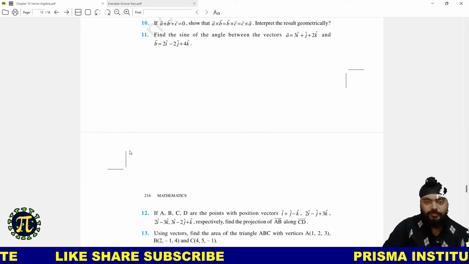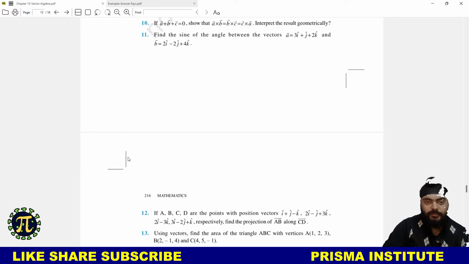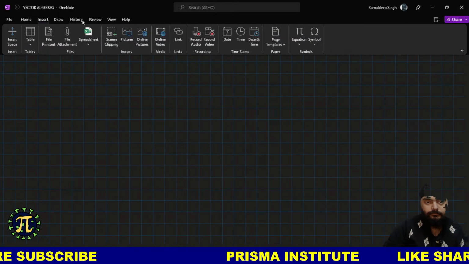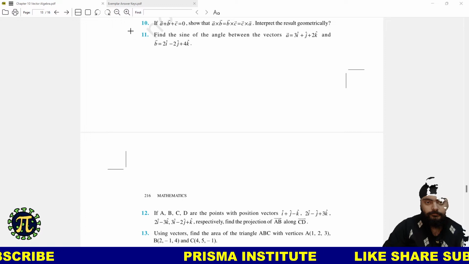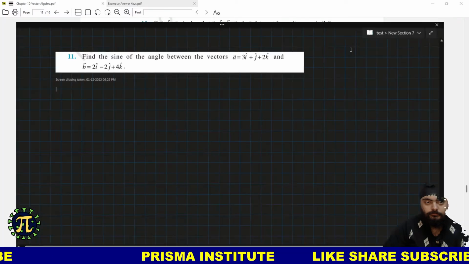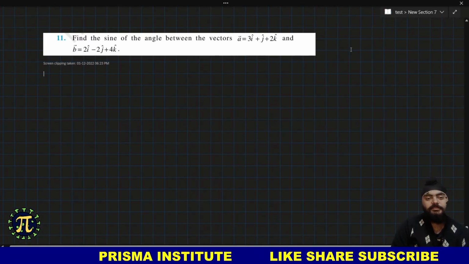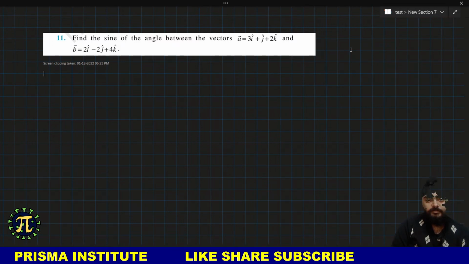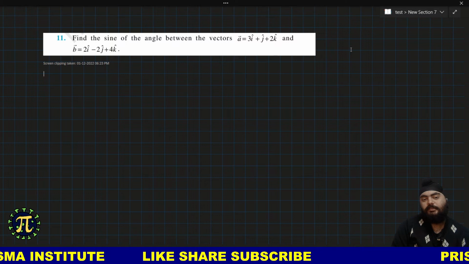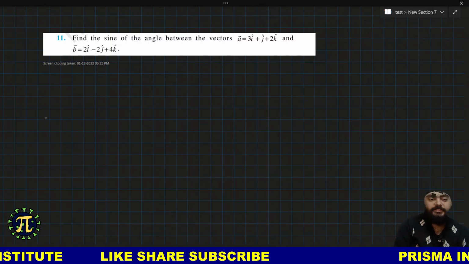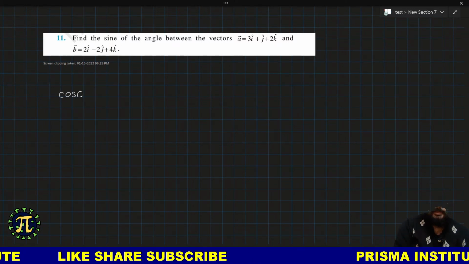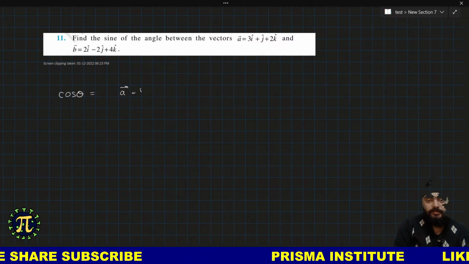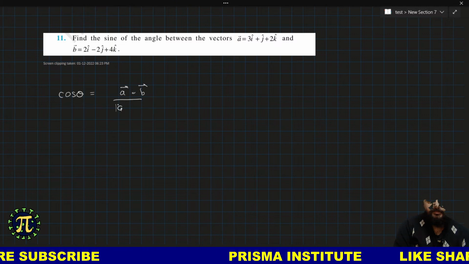So the last question on this page is 11th. Find the sine of the angle between. So साइन थीटा आप दो मेथड से निकाल सकते हैं. पहला तरीका, आप पहले cos थीटा निकाल लीजिए. तो cos थीटा is a dot b divided by magnitude of a and magnitude of b.